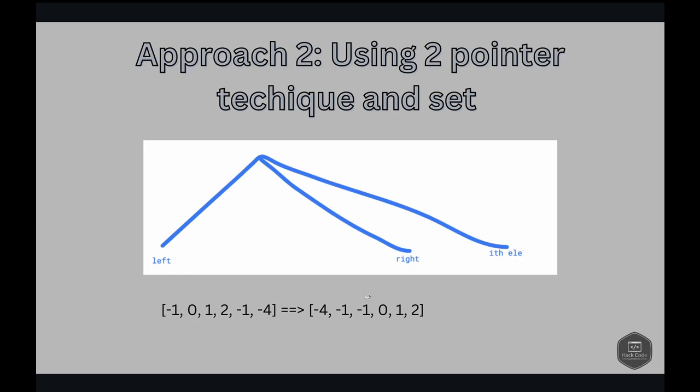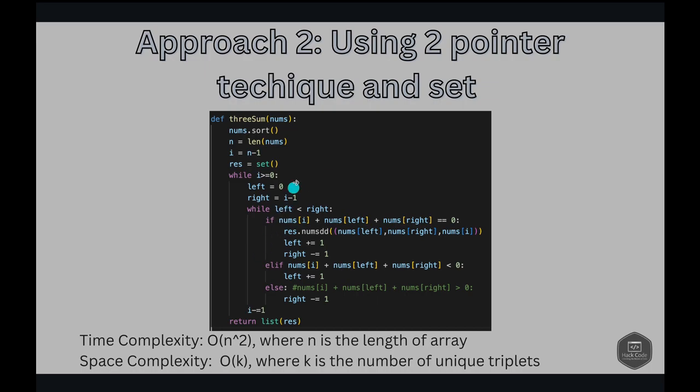So we add it to the result set. That's how this approach works. We're using two loops, so the approach is n square. So we have quadratic time complexity, which makes it faster than brute force for larger arrays.